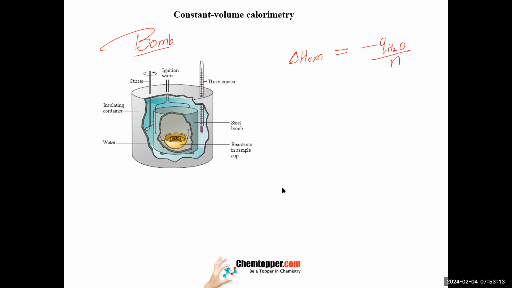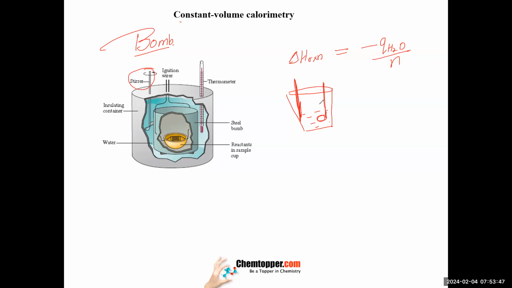So what's the difference between bomb calorimeter and cup calorimeter? A cup calorimeter is like this. You're taking water here. There is a thermometer dipped in water and there is a stirrer. A stirrer is needed, and it is here also, for the uniform spread of the heat. If the reaction is losing heat, with the stirrer you can make it spread uniformly, right?